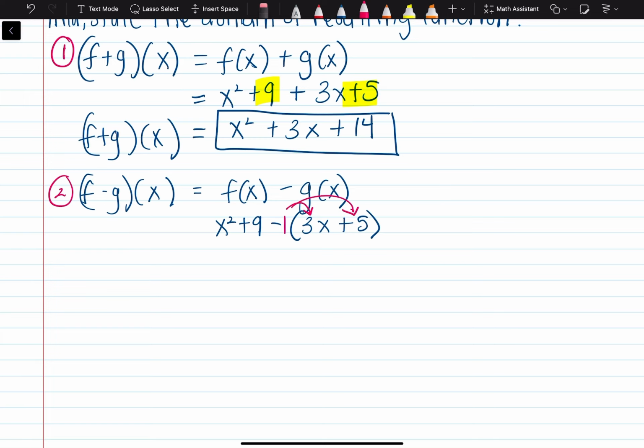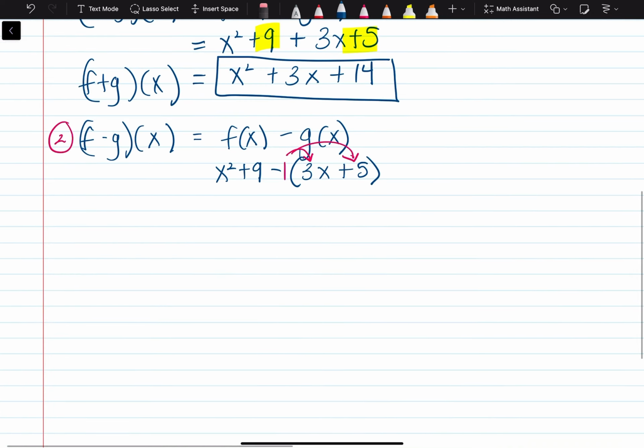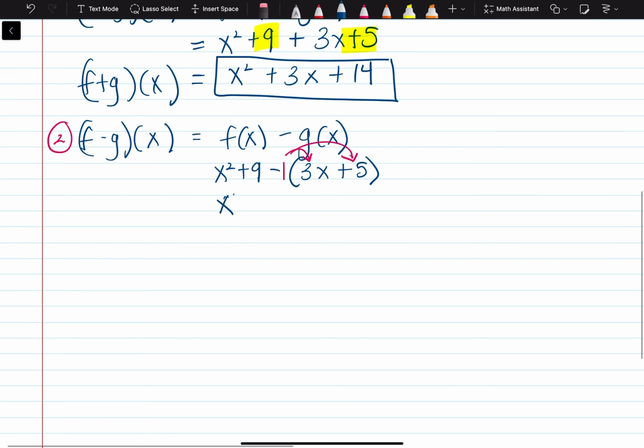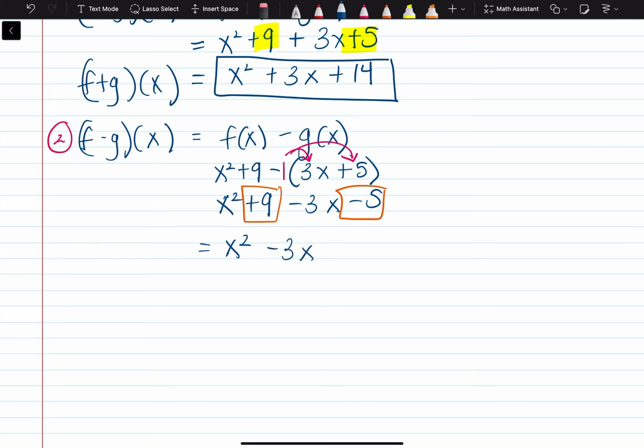You need to distribute that negative to everything inside the parentheses. So this turns into x squared plus 9 minus 3x minus 5. You combine your like terms again to give you a resulting function of x squared minus 3x plus 4. And that is the new function f minus g of x.